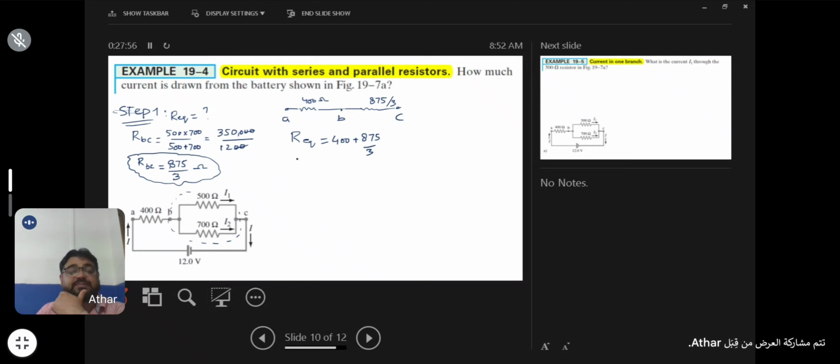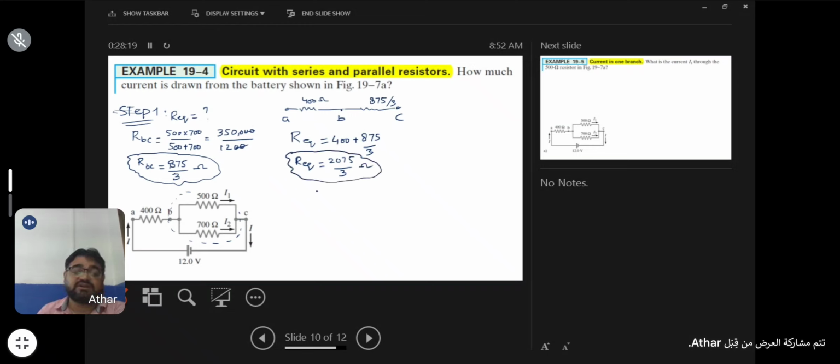What's the answer, please? Over 3 ohms. Okay. Now this is R equivalent.